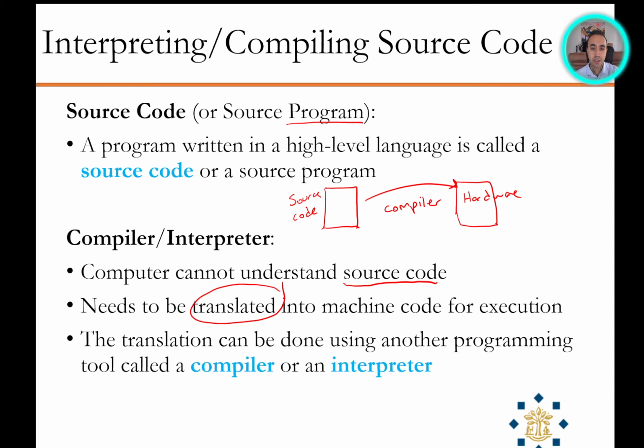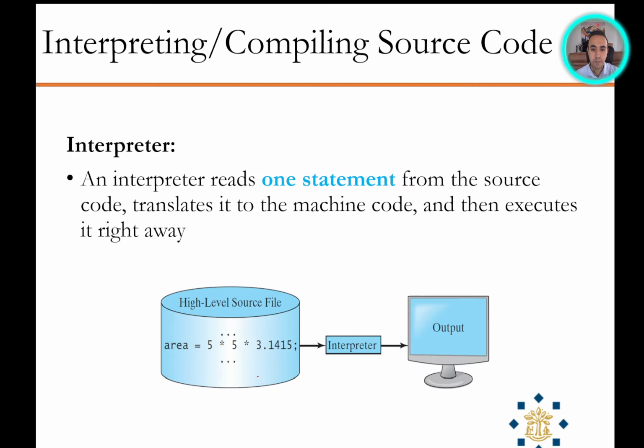And the translation can be done by using another programming tool called a compiler or an interpreter. An interpreter and a compiler are different in one critical sense: an interpreter reads one statement, one instruction, one line of code at a time, and then it translates it to machine code and executes it right away.